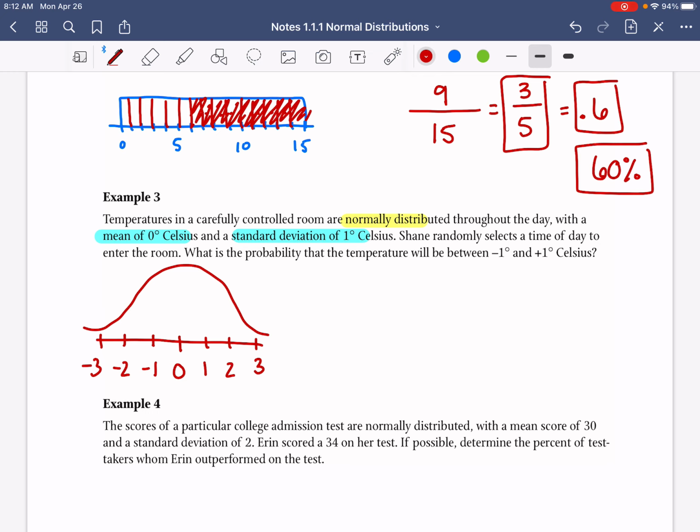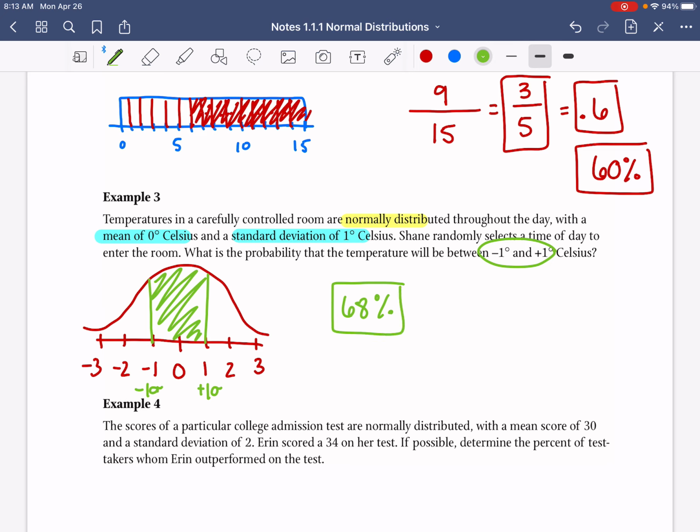So Shane randomly selects a time of day to enter the room. What is the probability that the temperature is between -1 and +1? Here's -1, here's +1. We want to know the probability that the temperature is between those two numbers. This is -1 standard deviation, this is +1 standard deviation. The empirical rule says that 68% of your data is going to lie between plus and minus 1 standard deviation.